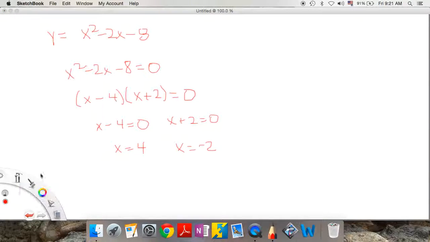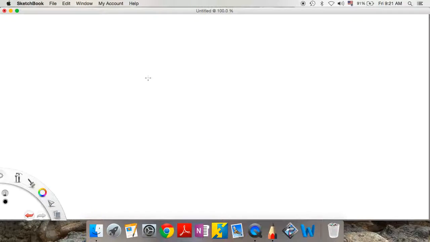So let's try graphing one. What if we've got y equals negative x squared minus 4x plus 2? So the easiest way to graph it, let's put it in standard working form, and then let's find the zeros.